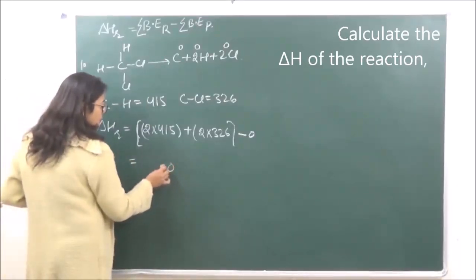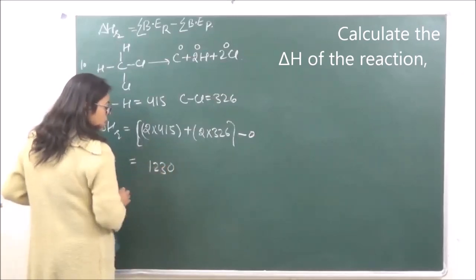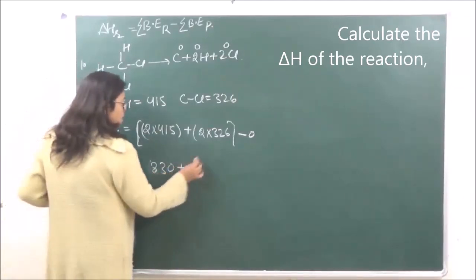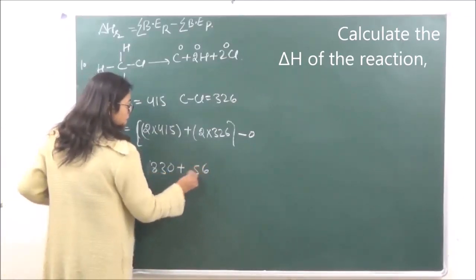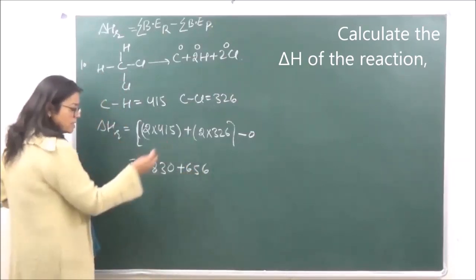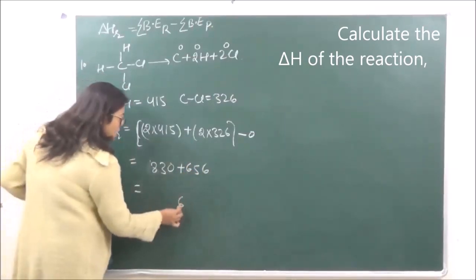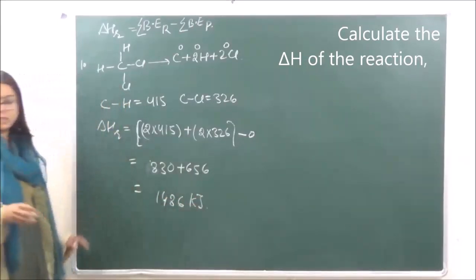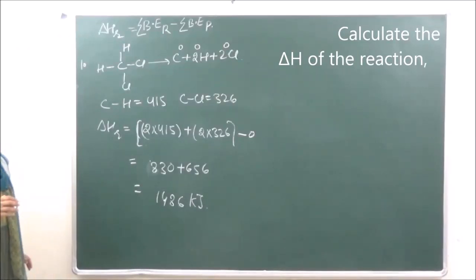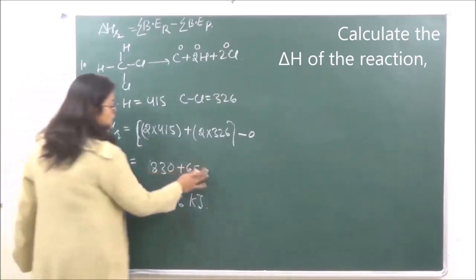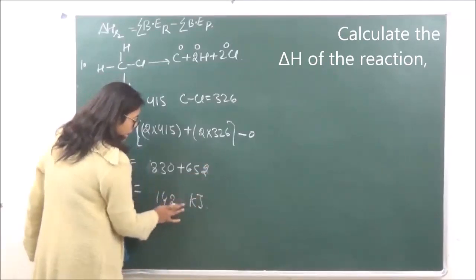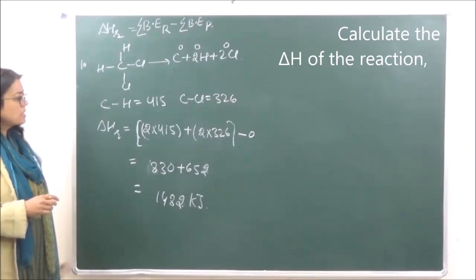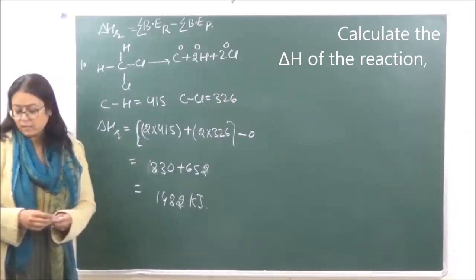So we have 2 5s are 10, 830, ठीक है, plus 2 6 are 12, 5 and 656 minus 0, that comes equal to 6 8 14. So the answer to this question that will come to 1486. नहीं sorry 2, यहाँ पे 2 आएगा, 1482 kilojoules, right?